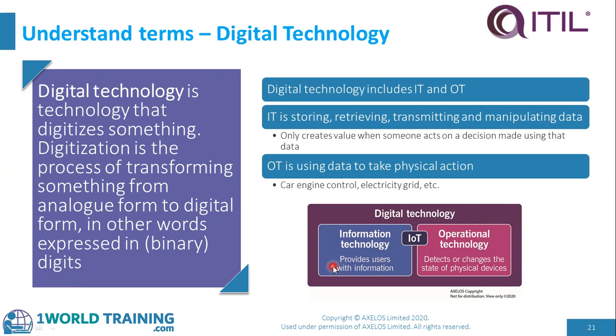IT provides users with information. OT detects or changes the state of physical devices. And in recent years, IoT uses the combination of IT and OT. So IoT is one value outcome of digital technology, which is the combination of IT and OT.